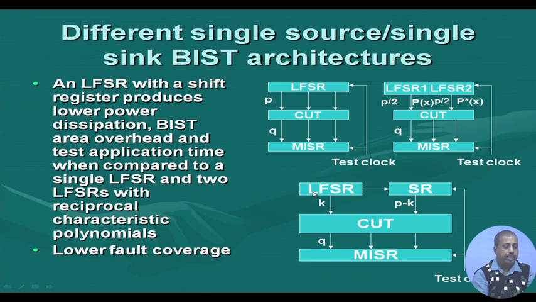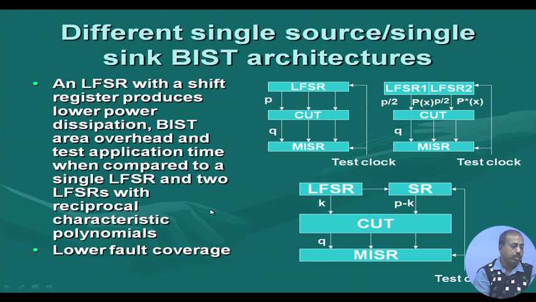Another configuration is like this. We have one LFSR followed by a shift register. In the phase shifting part, we have seen that we can use this type of shift registers to generate phase shifted versions. Here also it is the same thing: we have a k bit LFSR and a p minus k bit shift register, and these patterns are shifted and come to the circuit under test.